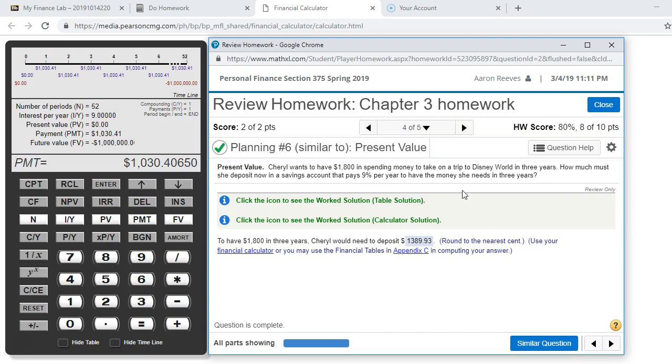So once again, you want to ask yourself, what is the missing factor? In this case, and most problems will tell you, you're trying to figure out what is the present value amount. So we know the future value is 1,800. The N is 3 years, and the interest rate is going to be 9%. You ready to work? Let's go.